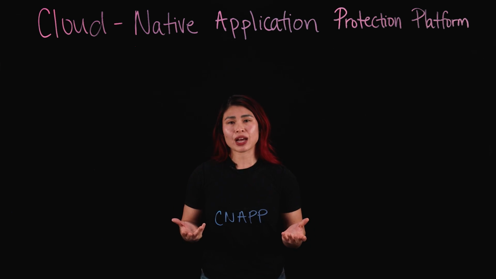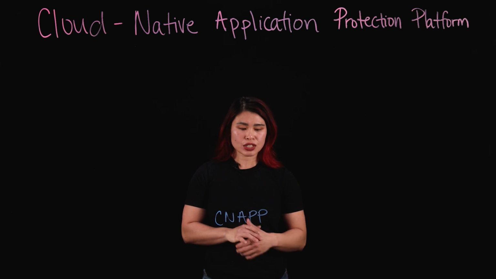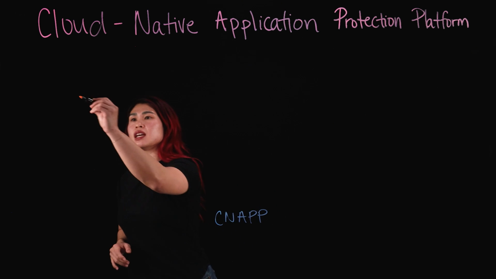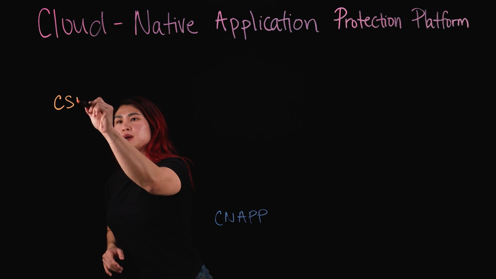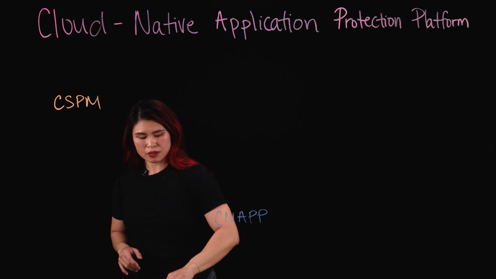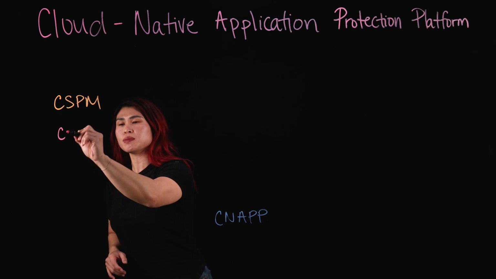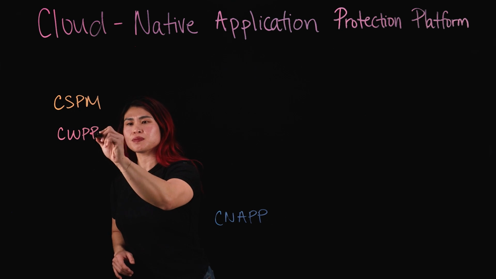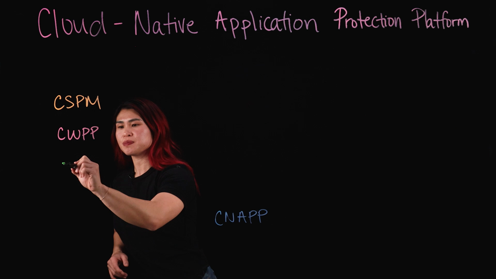Well, with the CNAPP platform, it consists of some critical and key common components that are available today. Some of those key components can be considered as CSPM, CWPP, and SIEM.